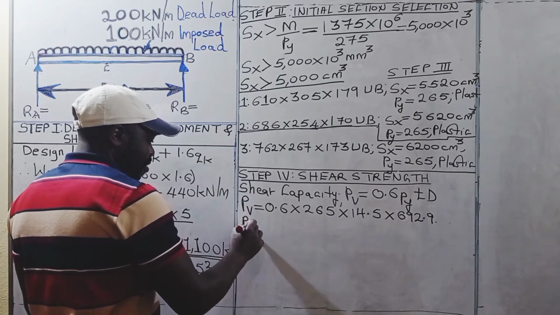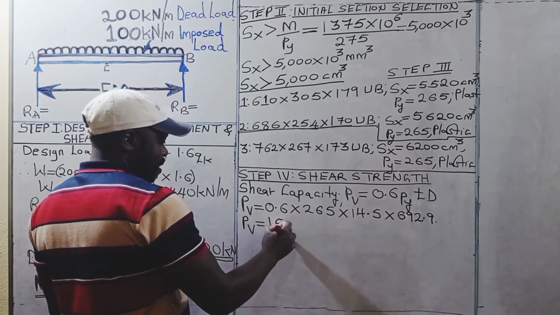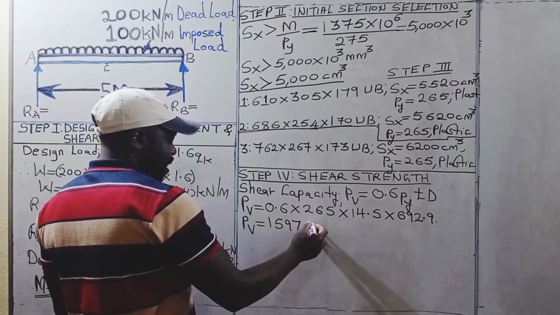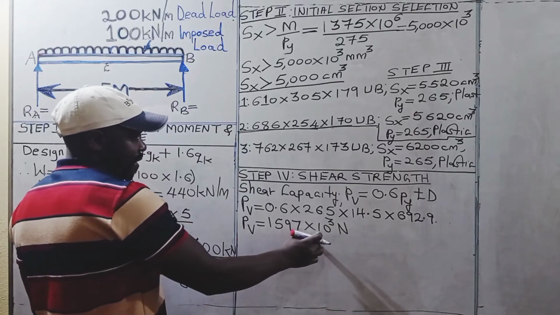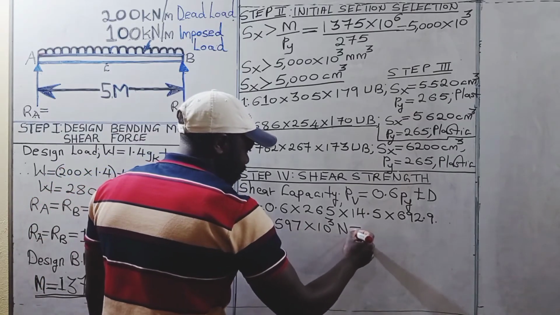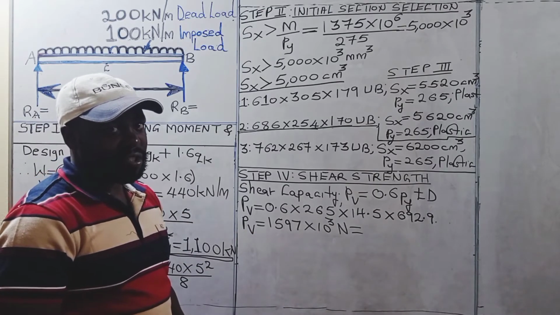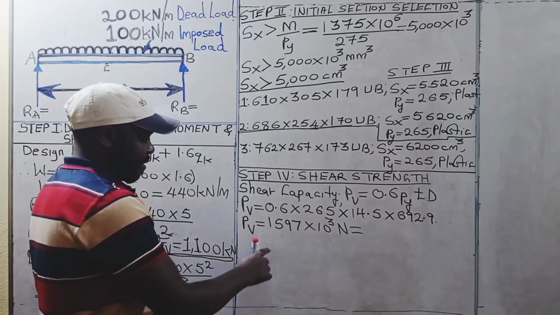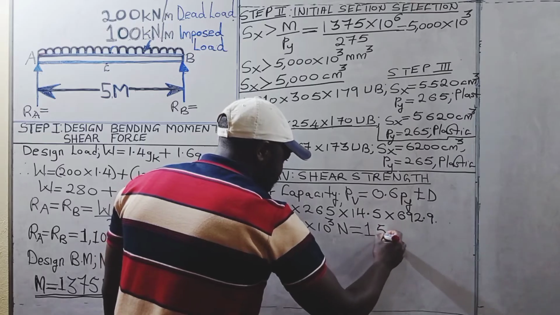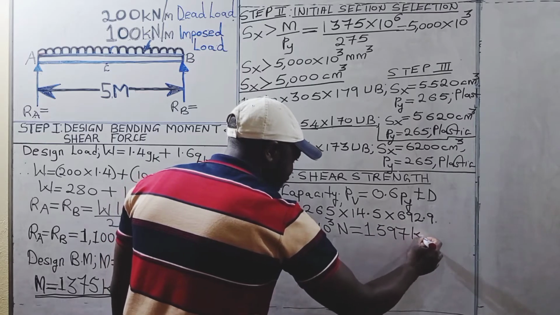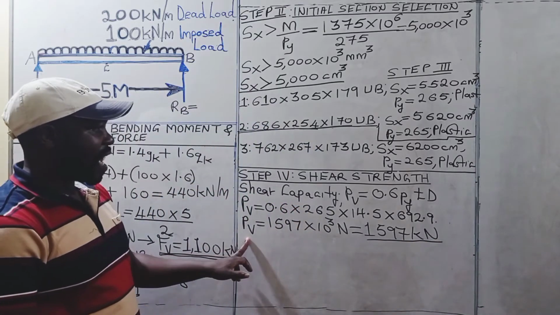And when we do so, we are going to have a shear capacity of 1597 times 10 raised to the power of 3 newtons. Converting this to kilonewtons, we divide by 1000, since 1 kilonewton is equivalent to 1000 newtons. Therefore, that happens to be 1597 kilonewtons. So that is the shear capacity.